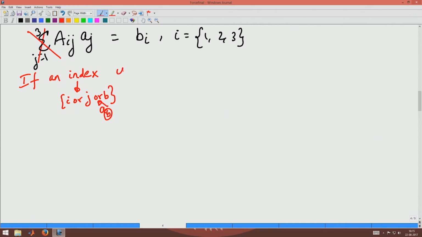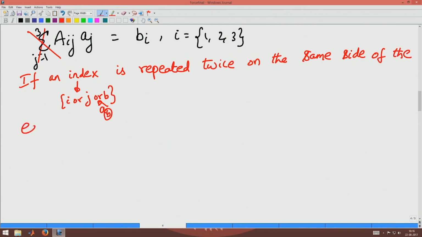Okay. If an index is repeated twice on the same side of the equal to symbol, then it is called a dummy index.